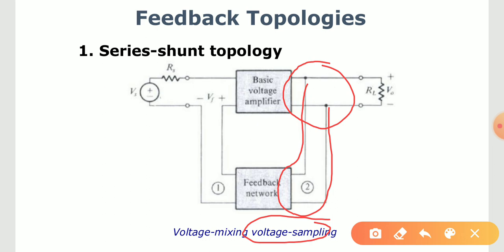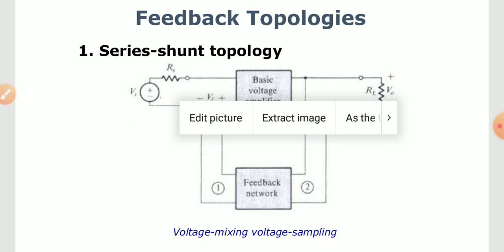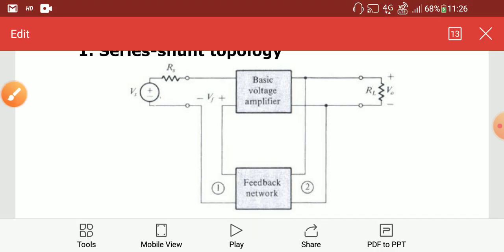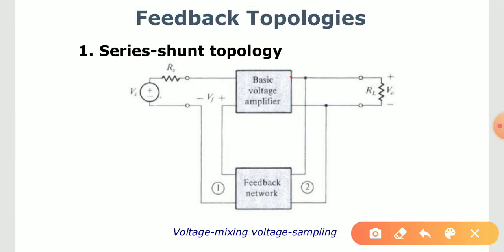Why is voltage sampled there? Imagine that the basic voltage amplifier has an output internal resistance R0. This R0 is connected in parallel with the feedback resistor.